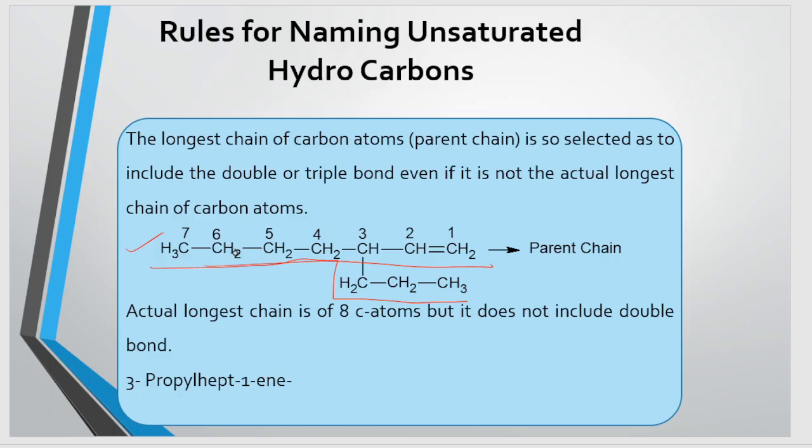And after confirming the parent chain, we have to check where the substituent is present. It is on the third position, and the double bond is present on the first carbon. And hence 3-propylhept-1-ene is the name of this compound.